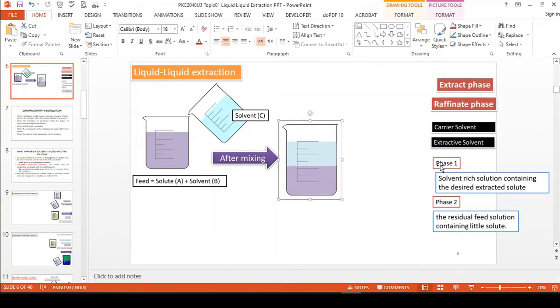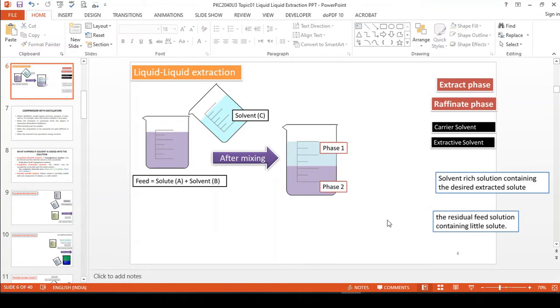After mixing, we will observe that there are two phases of the liquid, phase 1 and phase 2. These two phases are obtained because of the mixing of solvent C with the feed after thorough mixing.